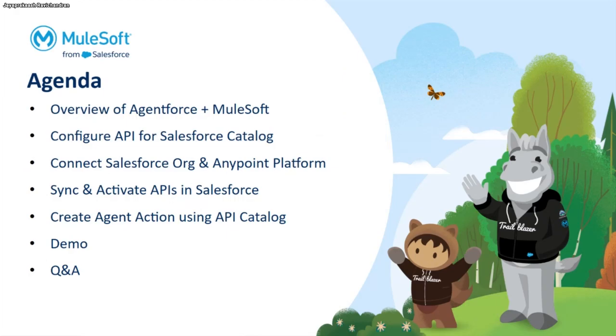When it comes to ACB, we create it directly, assigning it with the topic during the design itself, and it will be imported to Salesforce. So now when we have an existing API which is already running in MuleSoft, how can we use it in the actions for the agent? That's what we are going to cover today.